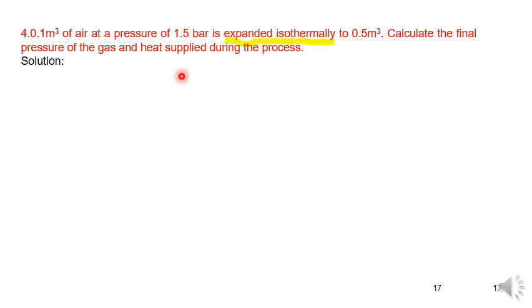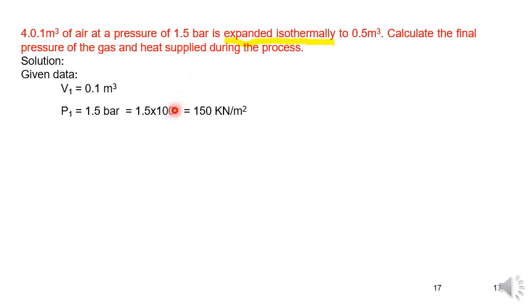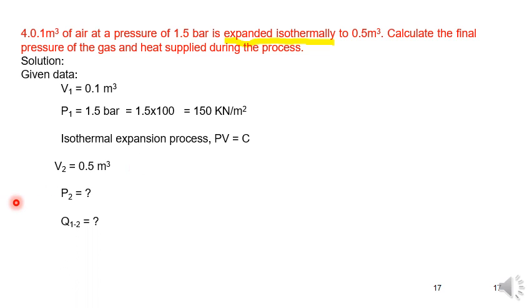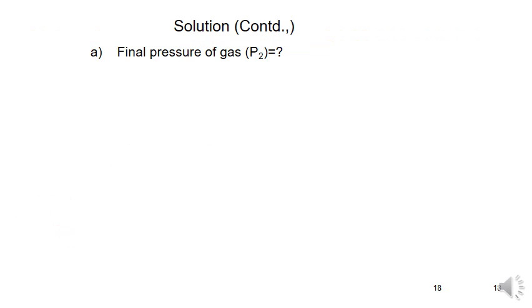So I am writing the given data first: V1 is 0.1 meter cube, P1 is 1.5 bar, 150 kilonewton per meter square. Isothermal process means PV is equal to constant, V2 is equal to 0.5 meter cube, P2 question mark, heat transfer question mark.